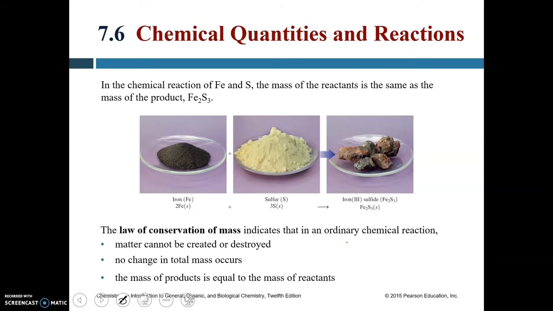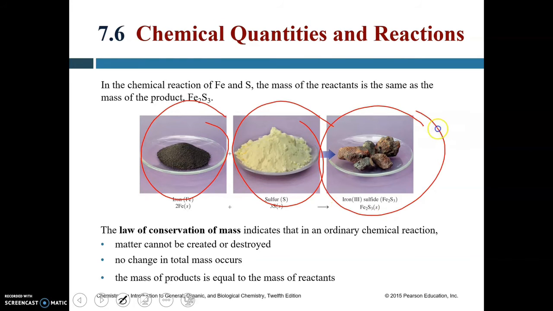So let's talk about some chemical quantities and reactions and how we calculate chemical quantities. In a chemical reaction between iron and sulfur, iron 3 sulfide is produced. So here's the reaction: 2 atoms of iron interact with 3 atoms of sulfur, producing 1 molecule of iron 3 sulfide.